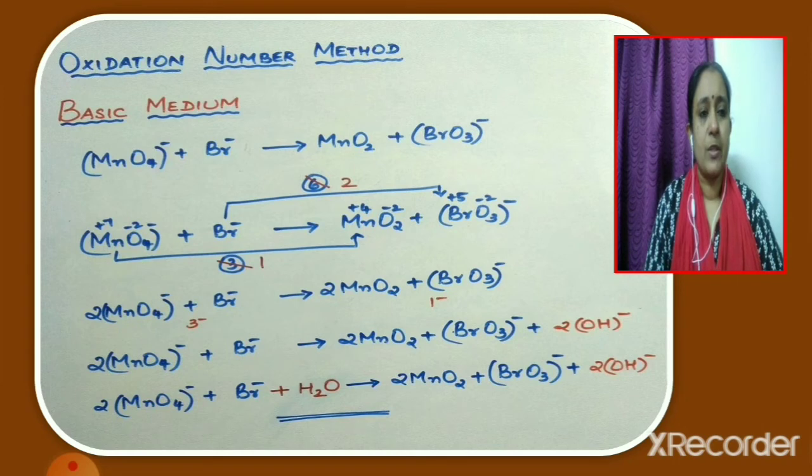Now after calculating the oxidation numbers, we will come to know that the oxidation number of manganese decreases from +7 to +4. So there is a decrease in oxidation number and it decreases by 3.